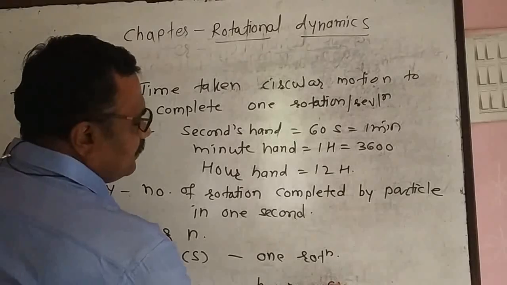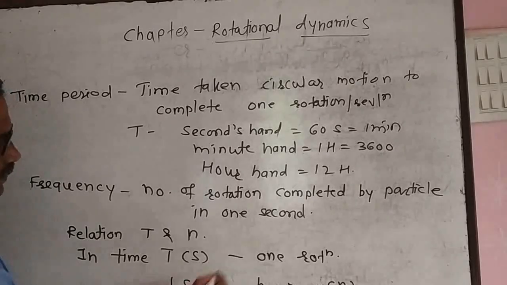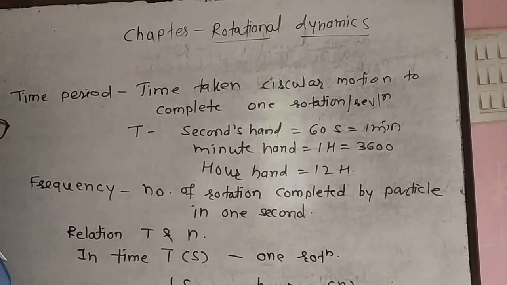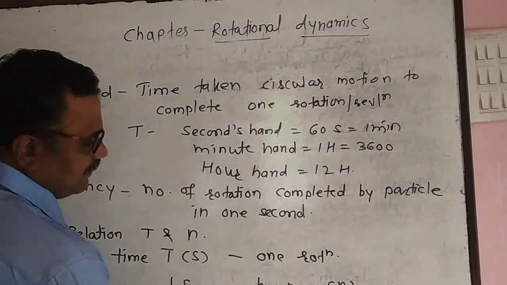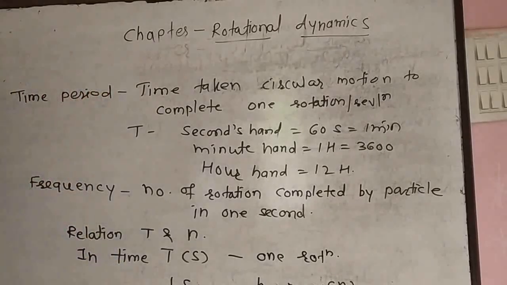We know that is known as frequency. And therefore, we can say T into N is equal to 1. And therefore, N is equal to 1 upon T. Or we can say time period is equal to the reciprocal of frequency. In this way, the relation between time period and frequency.